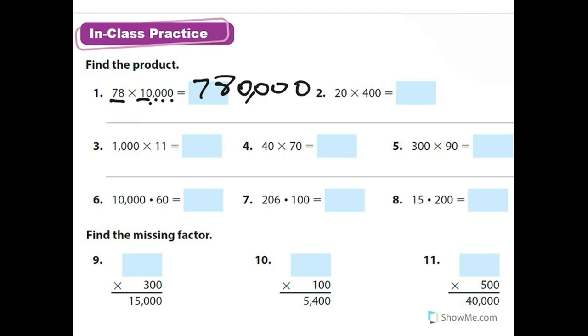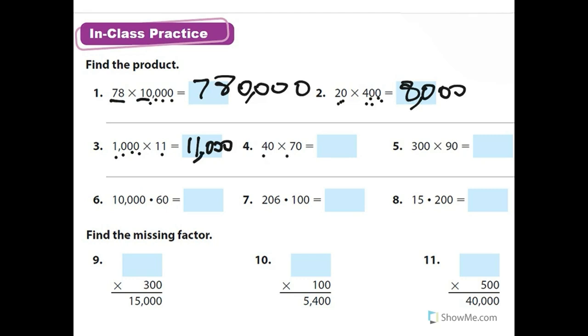So 2 times 4 is 8. 1, 2, 3 zeros. See, we multiply the non-zero digits and then add the zeros. All right, I'm going to solve number 3, and you can solve number 4 and 5. So 1 times 11 is 11 with 1, 2, 3 zeros. All right, go ahead and do number 4 and 5, and then we'll go over it.